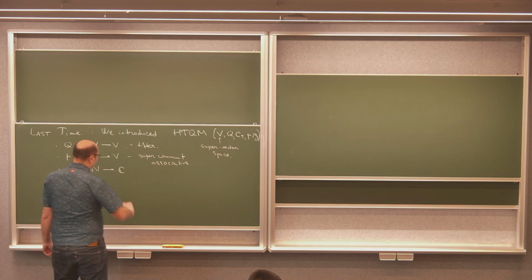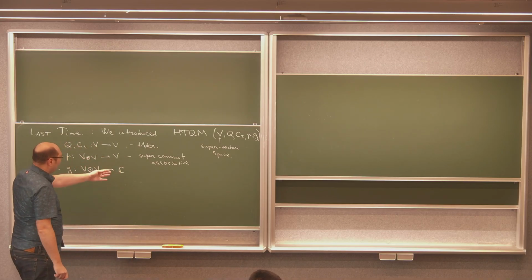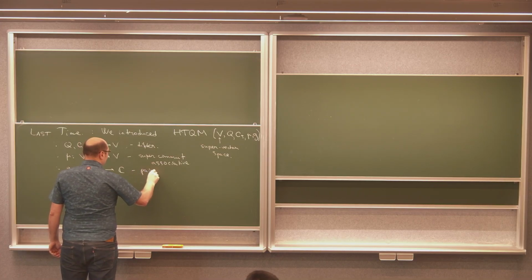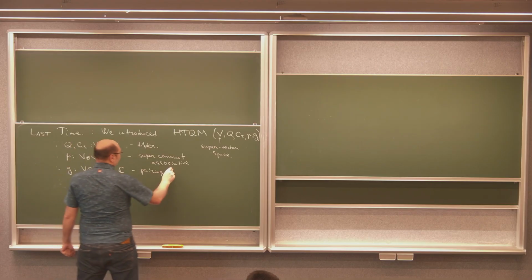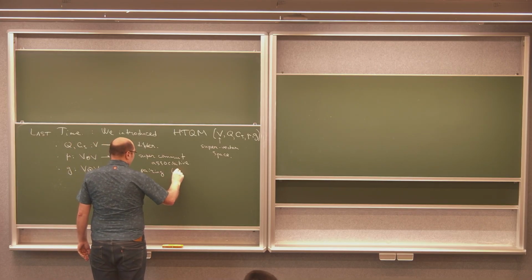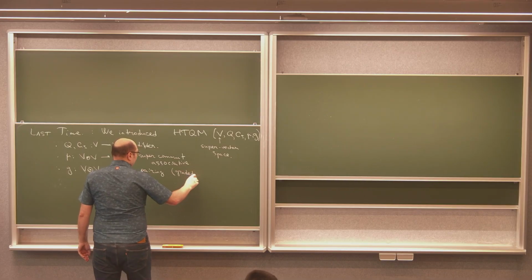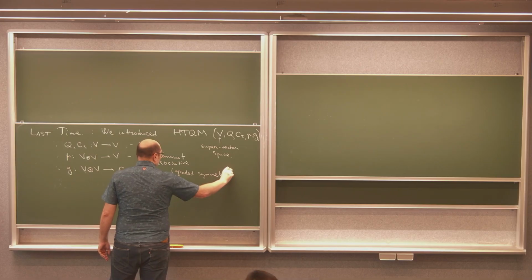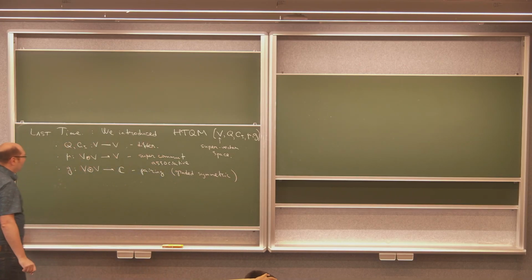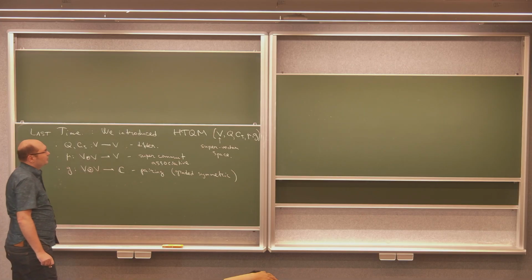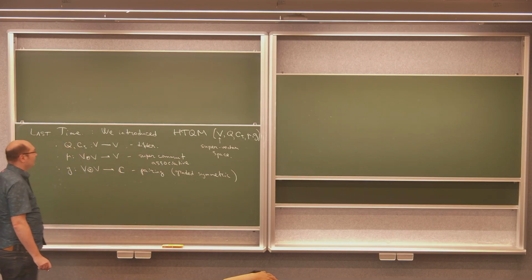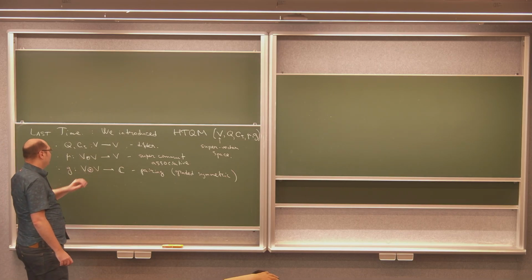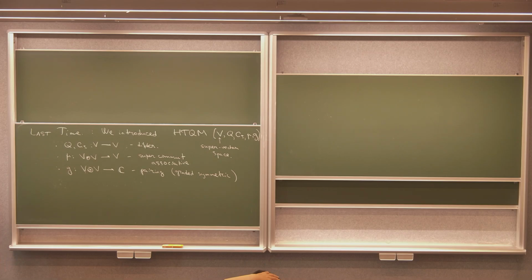We are working over complex numbers, so it produces an element from our base field, and that is the pairing. We also want it to be graded symmetric. So if you take homogeneous vectors, vectors with a pure grading, and exchange them, then depending on the gradings of this pair of vectors, we will generate some sign.